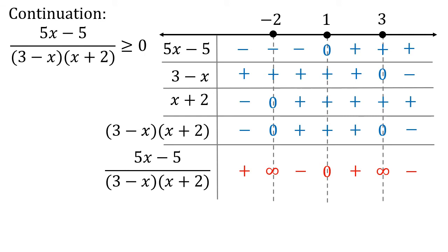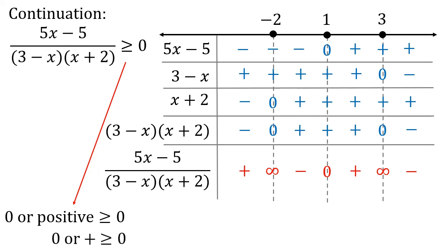And now take a look at our inequality symbol here, greater than or equal to 0. So greater than, what are the numbers greater than 0? Very good, positive numbers. So 0 or positive, because 0 is equal to 0 and positive numbers are greater than 0. So we're going to look at 0 here. 0 is included. The undefined are not included.